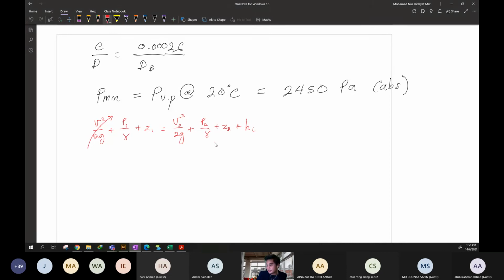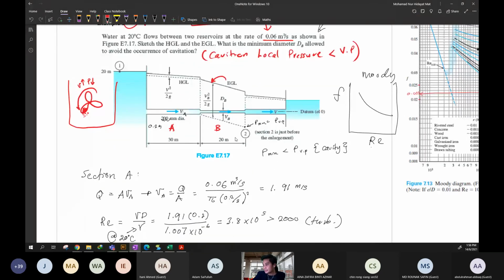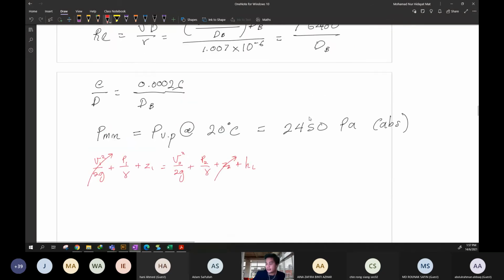Z2 is 0, because this region is the datum line. So we can cancel Z2.